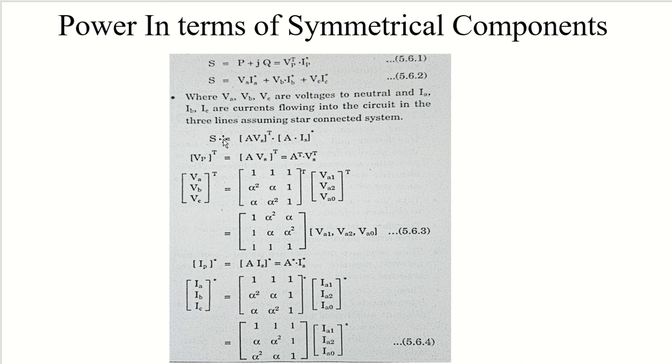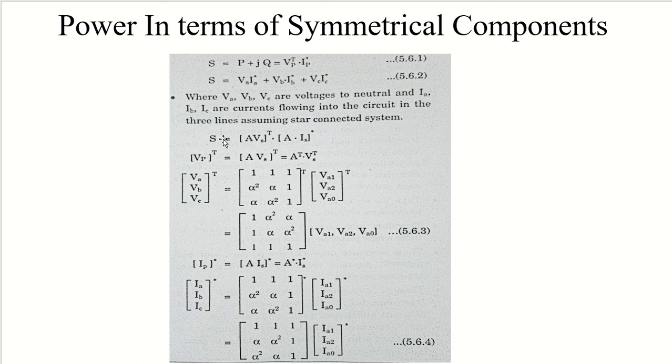We can represent my phase voltage by this formula: phase voltage Vp is equal to A into Vs, and we can take the transpose on both sides. So the transpose of phase voltage will be the transpose of A into Vs, which you can write as the transpose of Vs into the transpose of A.